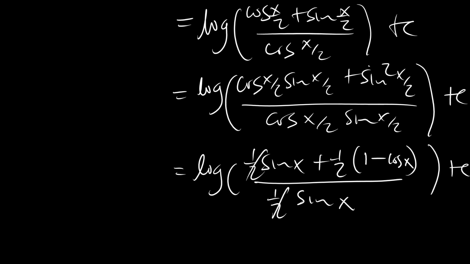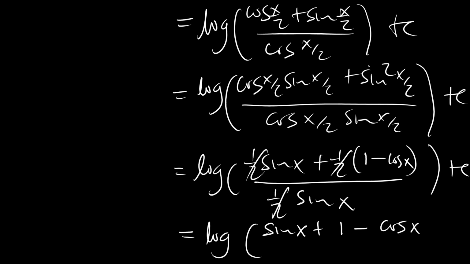See, this and that would cancel. So we have log of sine of x plus 1 minus cosine of x over sine of x, plus c. I think that's fairly simple. Let's leave it at that.